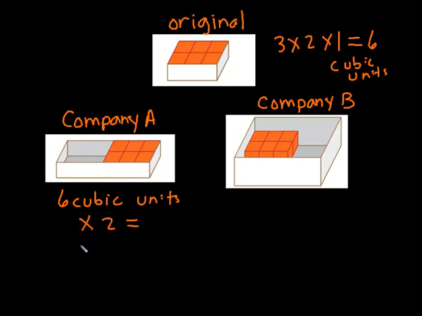And that's where they got their 12 cubic units. But Company B wanted all the dimensions doubled. So they actually had to go in and double the 3 to make it 6, double the 2 and make it 4, double the 1 and make it 2, and they ended up with the 48 cubic units.